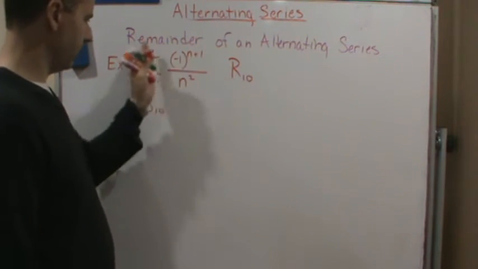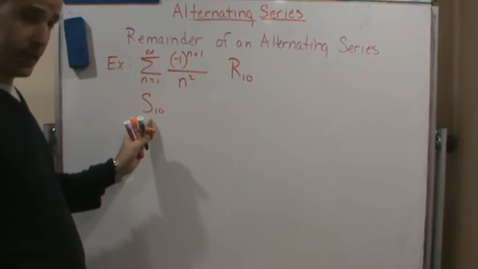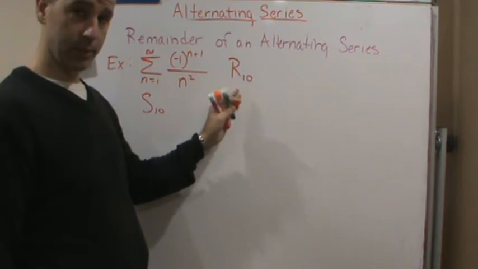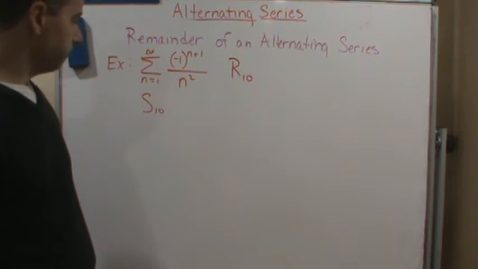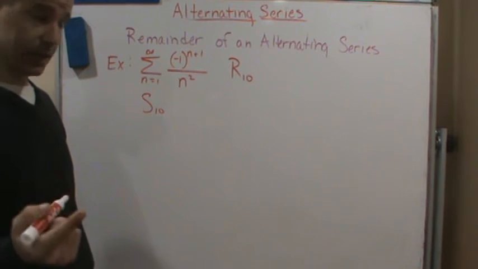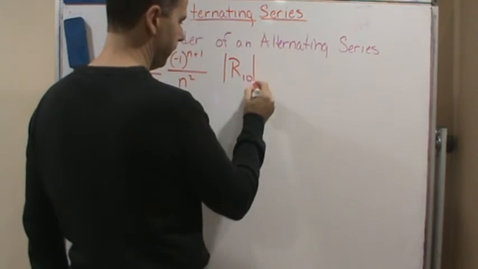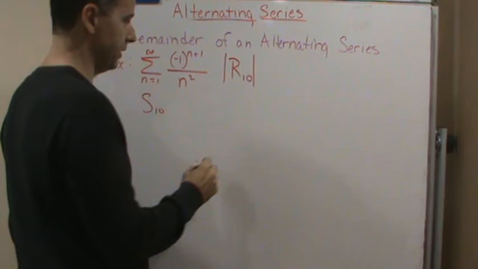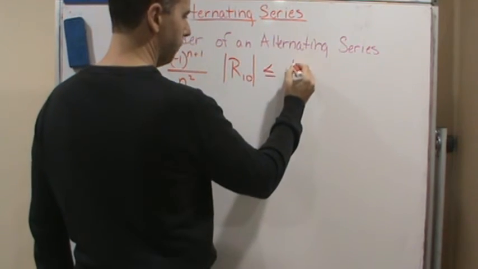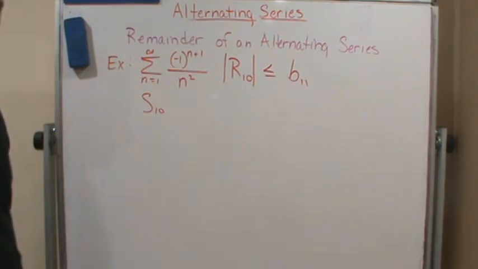So this does converge. So now for s sub 10, we want to calculate what the bound would be for r sub 10. Well, since we're dealing with s sub 10, it's just going to be the next term. So we know the absolute value of r sub 10 is going to be less than or equal to b sub 11.